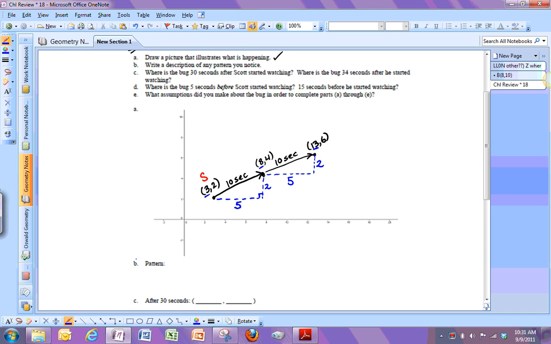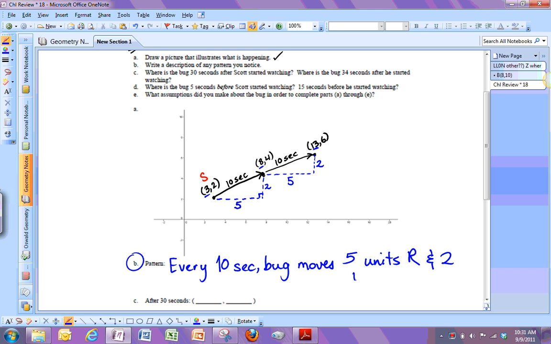So right here down where it says B, I'm going to say every 10 seconds the bug moves, oh, I'm sorry, 5 units to the right and 2 units up.